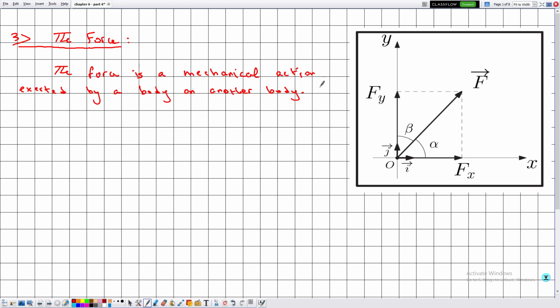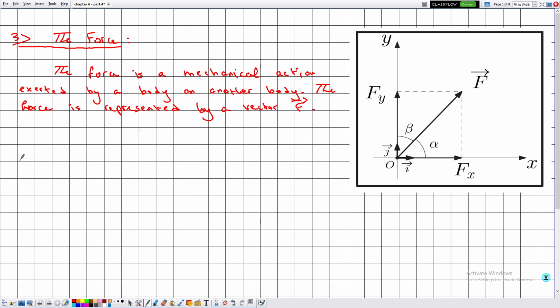And the important thing is that the force is represented by a vector F. So the definition of the force is the mechanical action exerted by a body on another, but the more important one, which is the mathematical definition, is that the force is represented by a vector F.